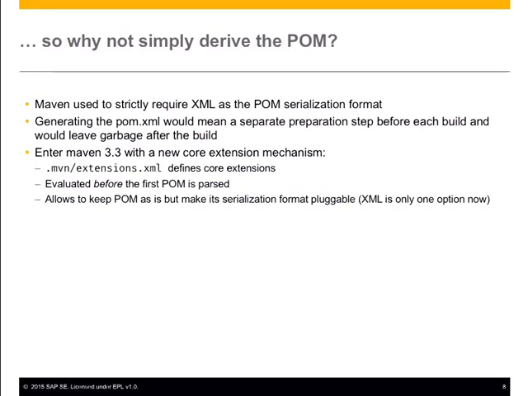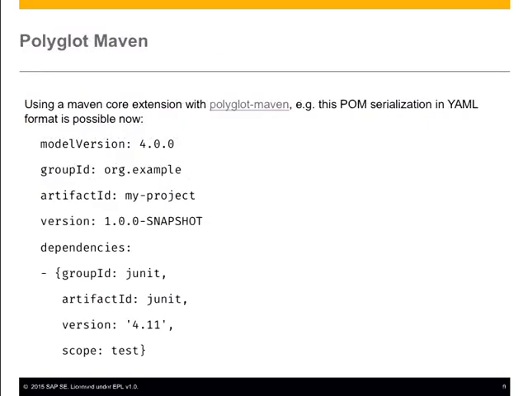XML is the default option, but you can also use other serializations now. And this is what people did. Some people around Jason van Zyl started to prototype things and play around with what they called polyglot Maven, in the sense that Maven can speak other languages, in the sense of other POM formats.